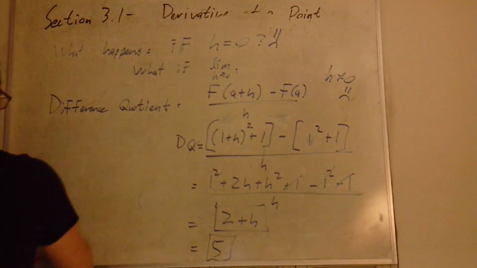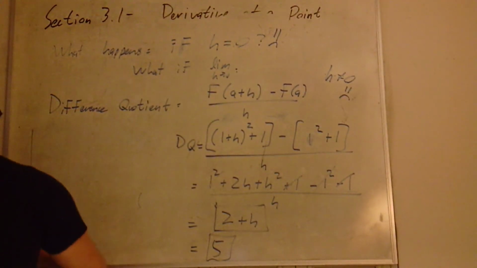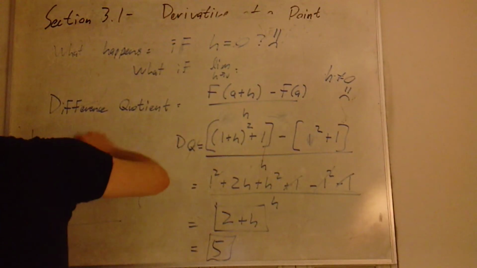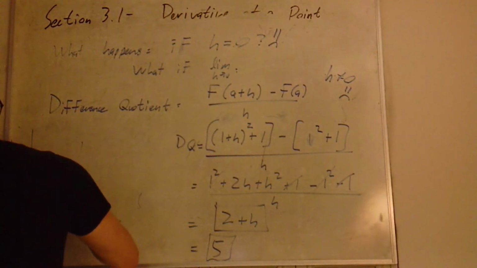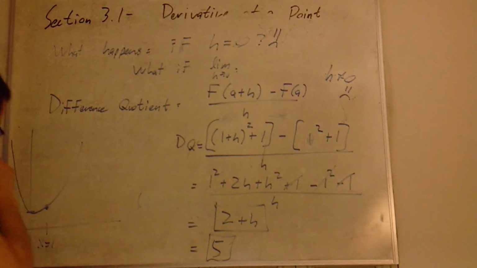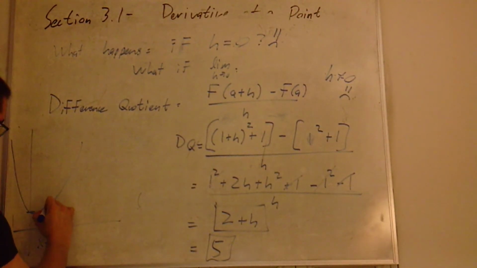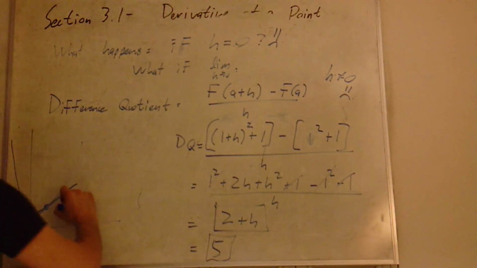So here's what's going on graphically. At x equals 1, instead of looking at the slope between 2 points, we're looking at the slope at the 1 point.